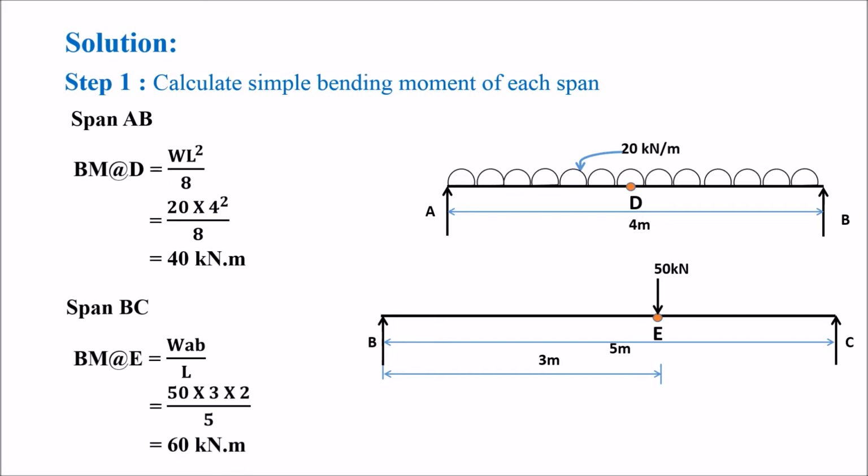Bending moment at E equals W a b by L, 50 into 3 into 2 upon 5, that's equal to 60 kilonewton meter. Here a is the distance from B to E, which is 3 meter, and b is the distance from C to E, which is 2 meter.